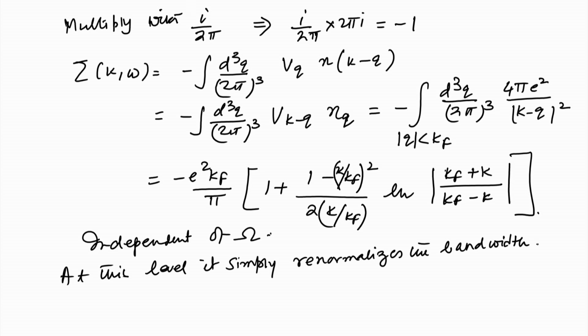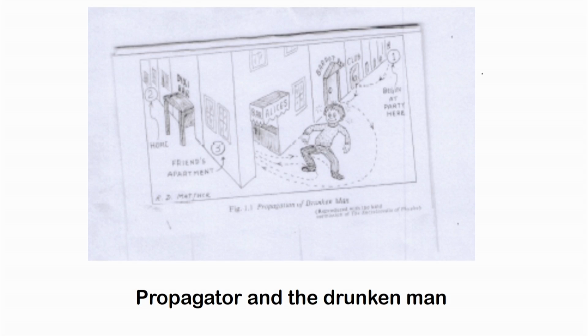There is an interesting cartoon on the perturbation theory that one can present. This is a book by Mattuck, in which he gives an analogy between a propagator or a full Green's function and the drunken man.